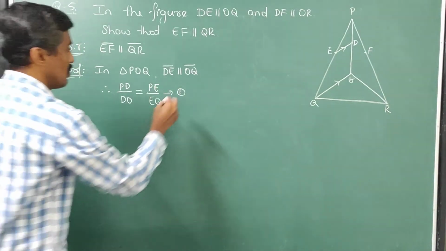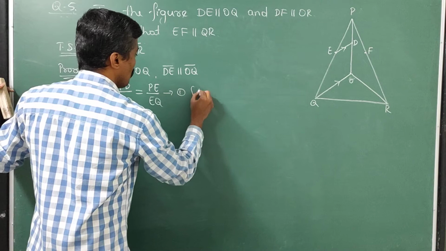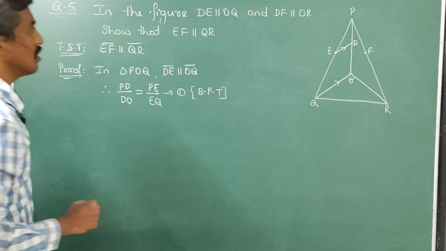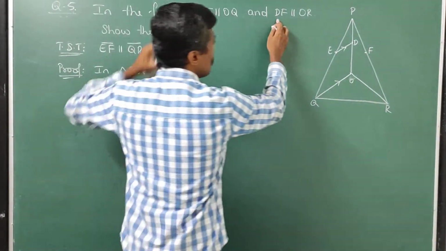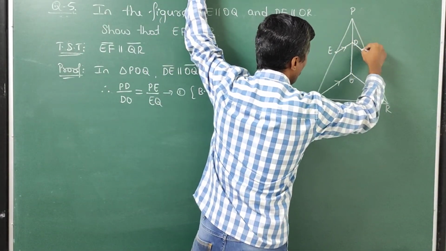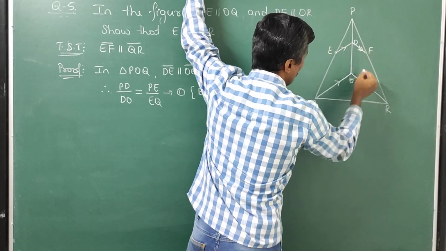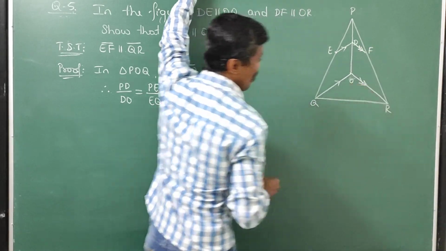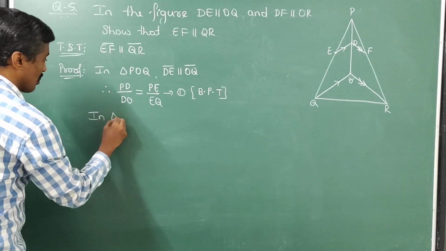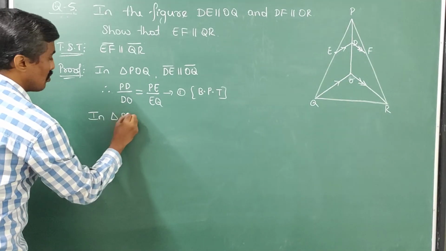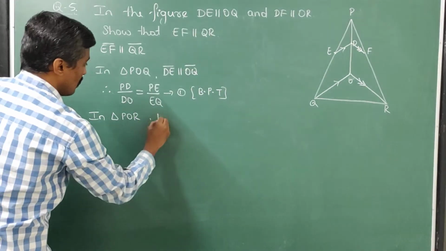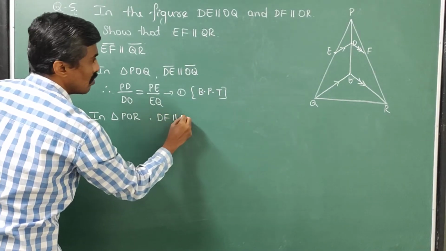Number 1, according to Thales theorem or basic proportionality theorem. Next data, DF parallel to OR. In triangle POR, DF is parallel to OR.